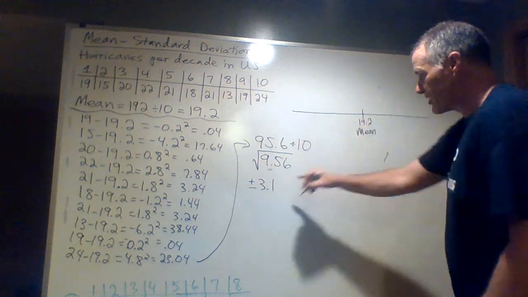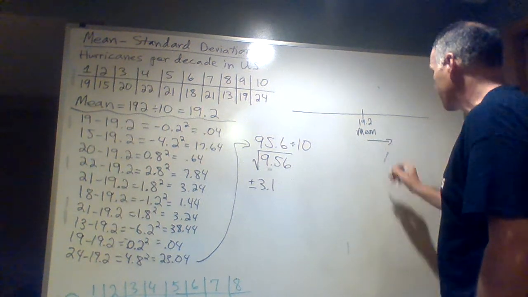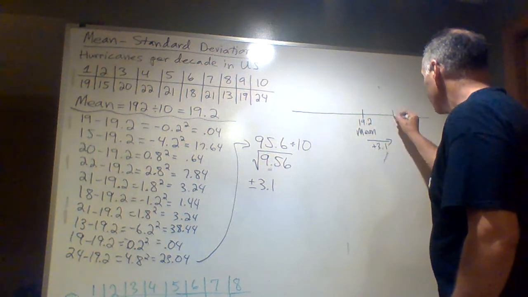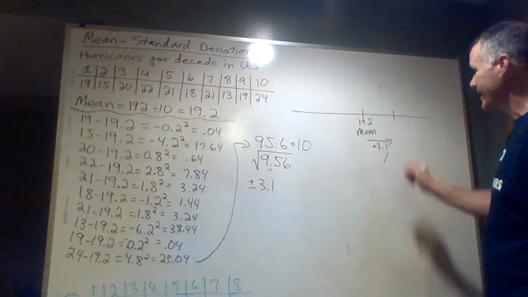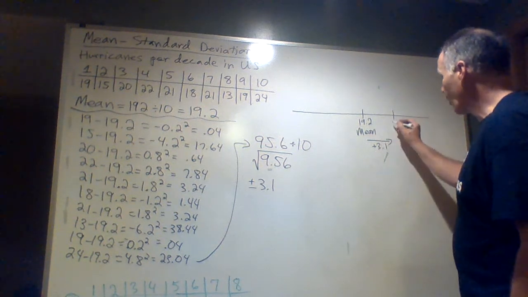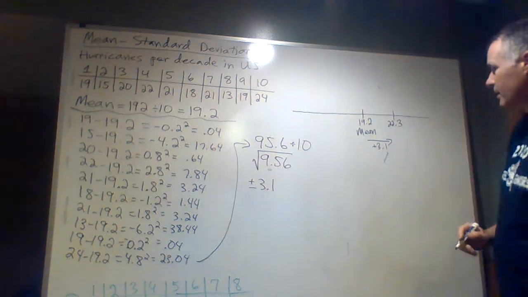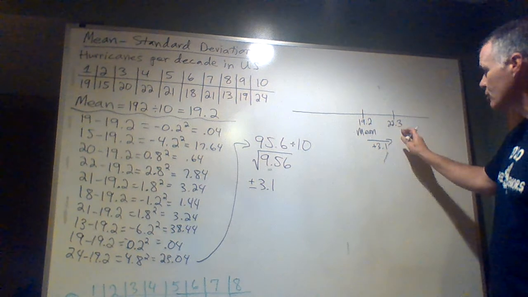Remember, this is plus and minus, because the standard deviation up would be a positive 3.1. If I add 3.1 to my mean, 19.2 plus 3.1, my upper standard deviation point is 22.3.